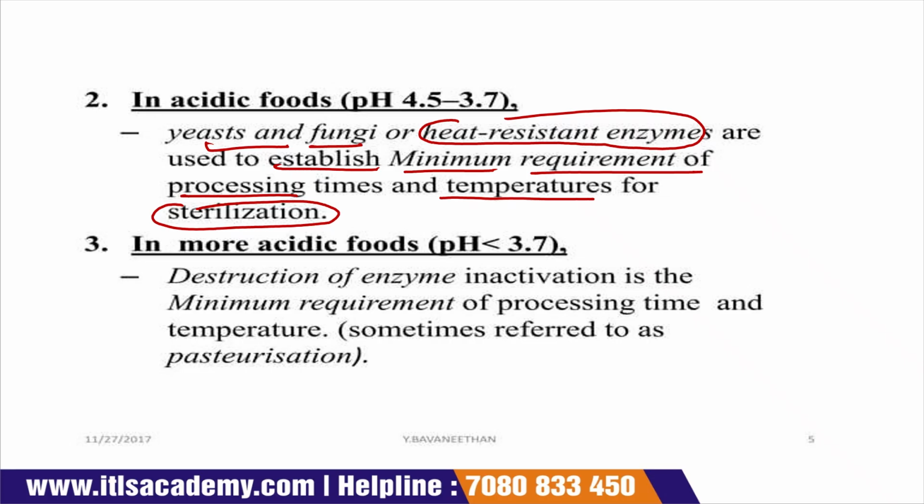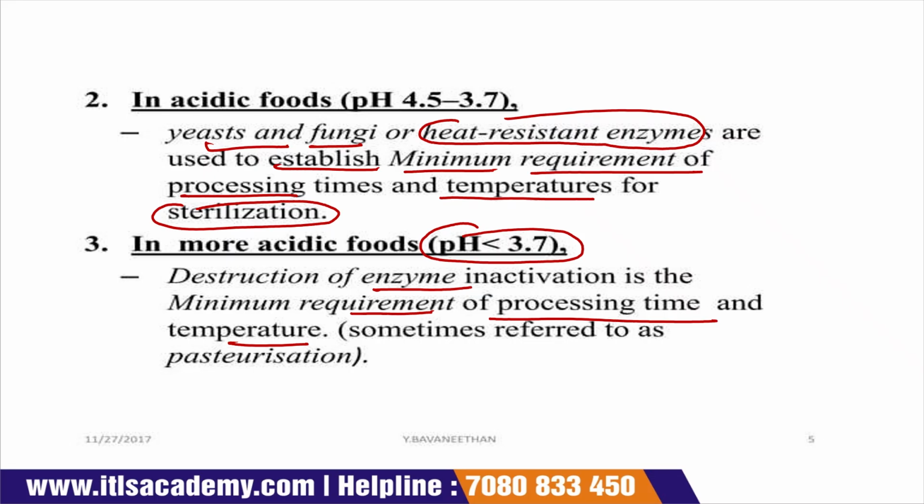Next is more acidic food, in which the pH is less than 3.7. In that case, there is destruction of the enzyme, and a minimum processing time and temperature is required. Sometimes it can also be referred to as pasteurization, because here we only use minimum heat for the destruction of the microorganisms.